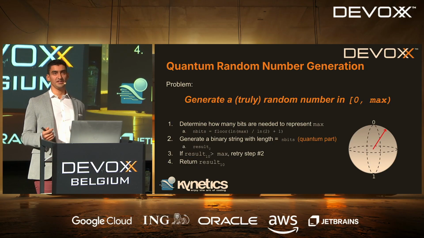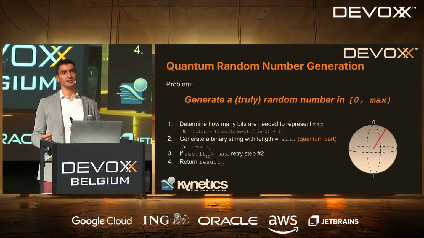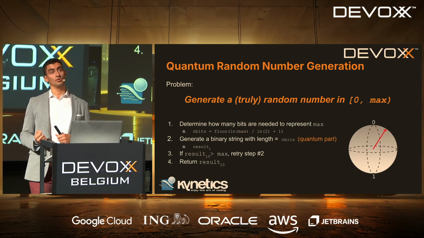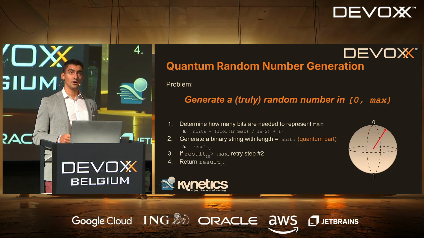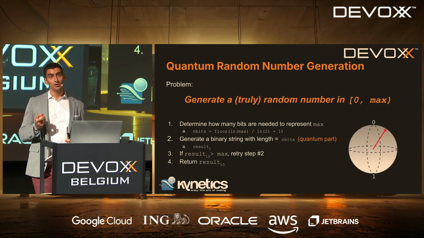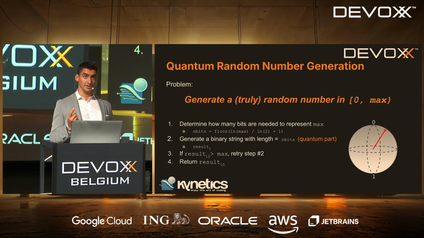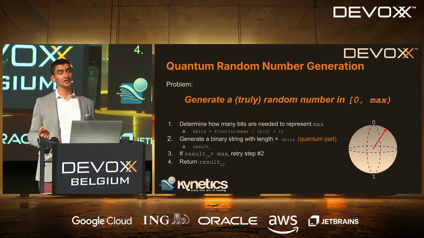Okay, so this is a very simple example, but it already shows an interesting pattern of interaction between classical computing and quantum computing. We have a very big problem, generating a random number, that is not solvable on classical computers. So we reduce it to something small, generate a single random bit. We solve that with a quantum algorithm.